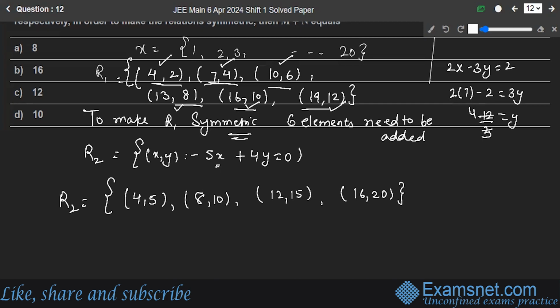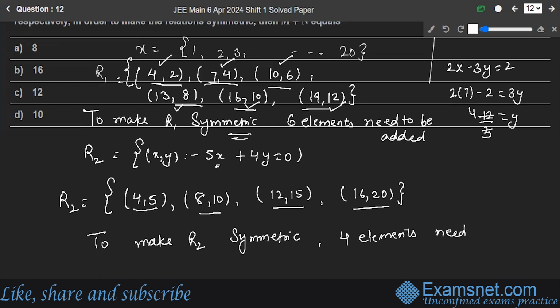Okay. Similarly, to make R2 symmetric, how many elements? 5 comma 4, 10 comma 8, 15 comma 12, 20 comma 16. 4 elements need to be added.